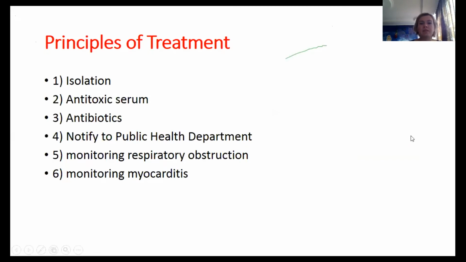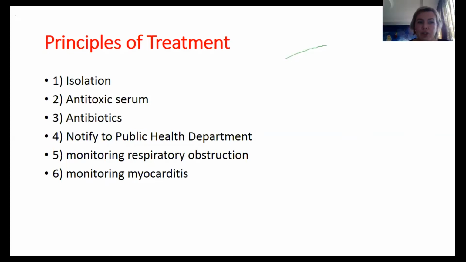Next, the principles of treatment. Diphtheria is a very communicable disease. At first, you should isolate the sick person in hospital. Next step, you should administer antitoxic serum, not antibiotics, because diphtheria produces exotoxin, a very poisonous toxin. You should inactivate it, because if you do not act fast, you will see complications from this exotoxin.